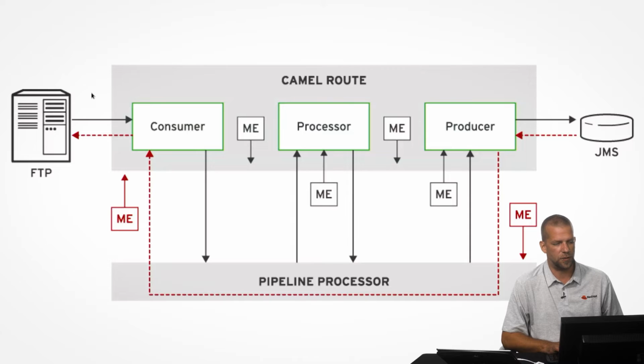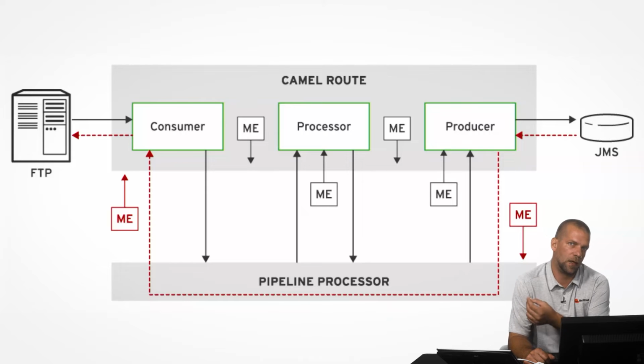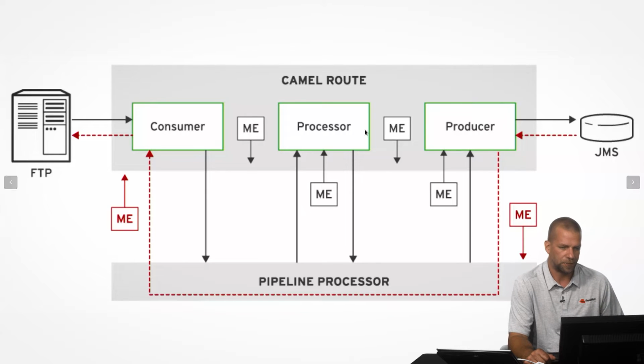Camel also supports what we call in-out exchanges, where normally an HTTP client, rather than an FTP server, would initiate the exchange by sending a REST request to the consumer. The pipeline would then finish processing as per design, but then obviously the HTTP client will not go away without getting a response from the web server that it sent a request to, which means that some sort of a response has to be provided to the client.